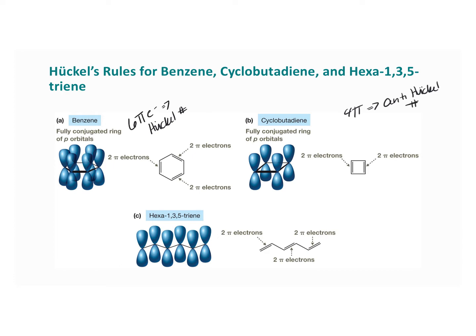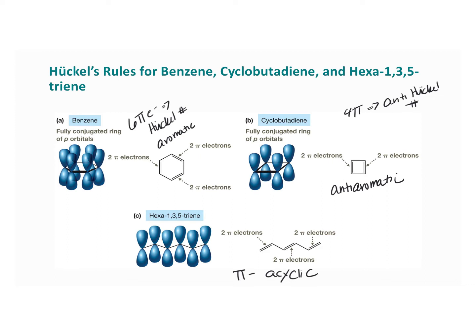So benzene then is aromatic. We are planar and we have 6 pi electrons. Cyclobutadiene is what we consider anti-aromatic. Now, look at hexa-1,3,5-triene. This is a pi system, but it is acyclic.